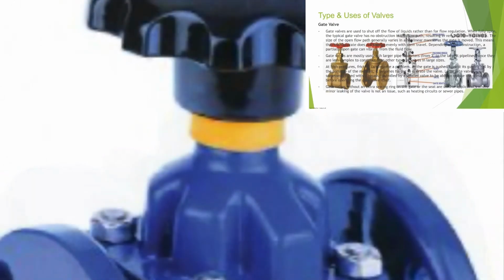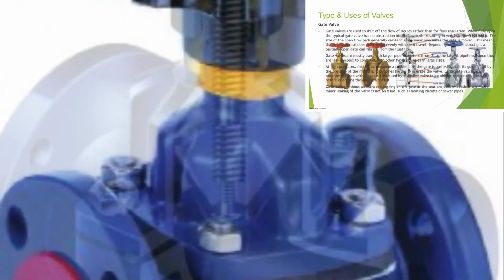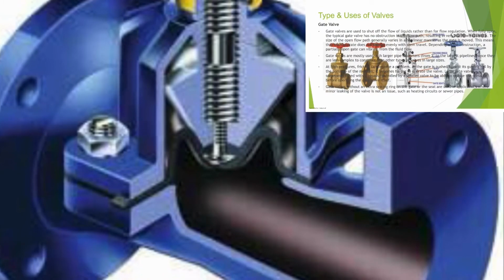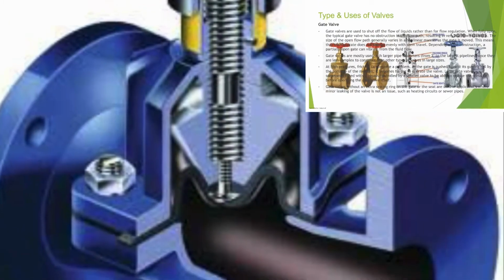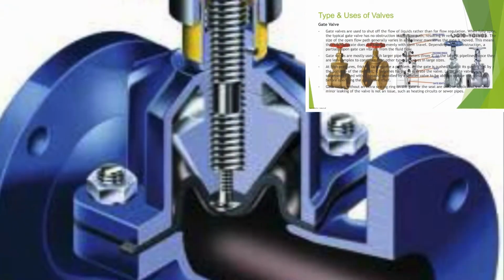At high pressure, friction can become a problem as the gate is forced against its guiding rail by the pressure of the medium. It becomes harder to operate the valve.